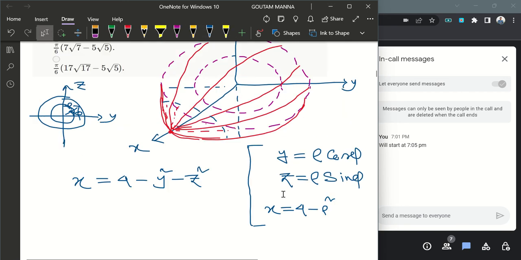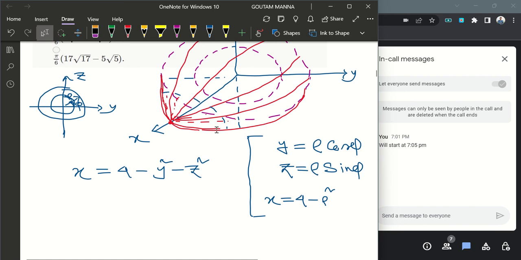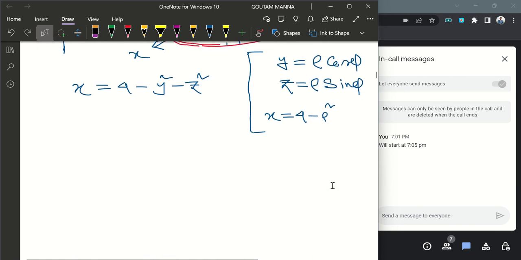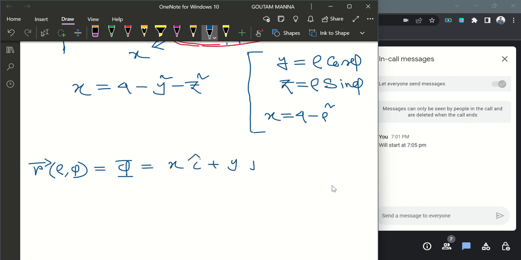So basically we are expressing this xyz coordinate, or let's say any point on this paraboloid, by this rho and phi coordinate. So then the radius vector in terms of rho phi, let's call it capital phi, will be x i hat plus y j hat plus z k hat.